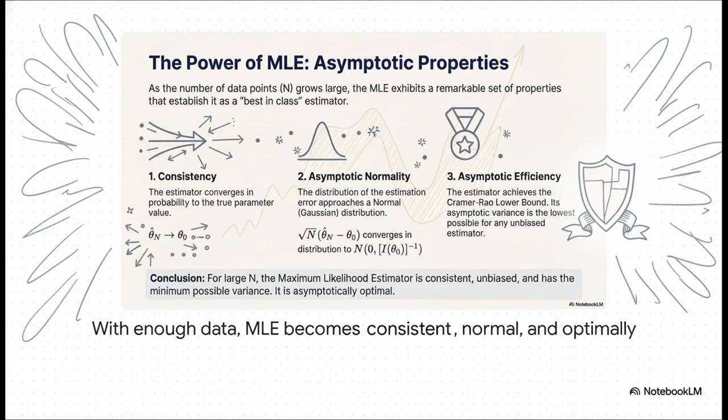Second, it's asymptotically normal, which means the errors it makes around that true value start to look like a perfect, predictable bell curve. And third, and this is the big one, it is asymptotically efficient. This means its variance actually goes down and hits that floor. It achieves the Cramér-Rao lower bound. So for large datasets, MLE isn't just a good method. It is provably mathematically the best possible method. It is as precise as anything can be.